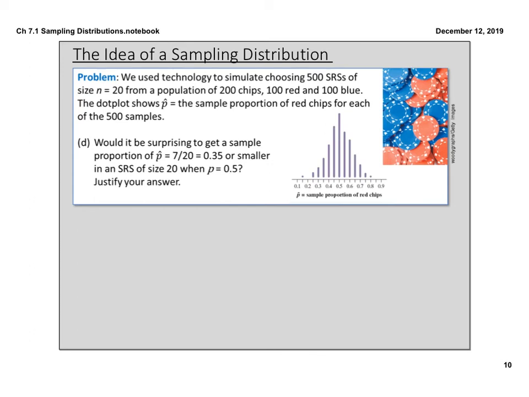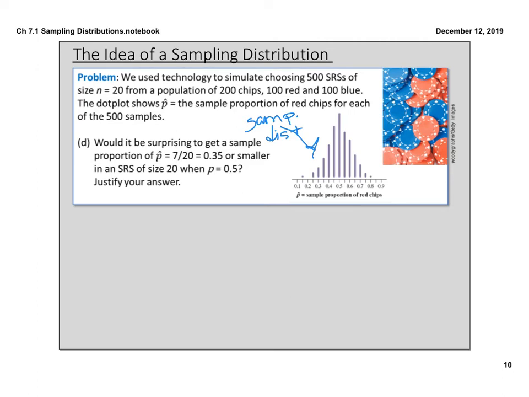In Part D, it says, would it be surprising to get a sample proportion of 7 out of 20, or 0.35 or smaller, in an SRS of 20 when p is equal to 0.5? So again, here's your simulation. This is your sampling distribution. So what we're looking at is 0.35 or smaller.